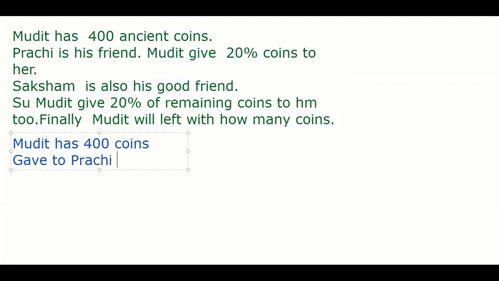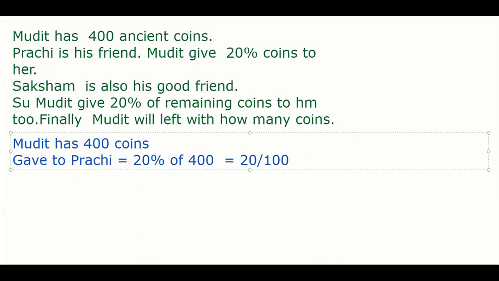So you gave Prachi how much? 20% of 400. Understood, everybody? 20% of 400. How do you calculate 20% of 400, Mudit? 20 upon 100 into 400, which will be how much? I just cut off the zeros. Correct. Then I'll get 80. So 80 coins he has given to Prachi.